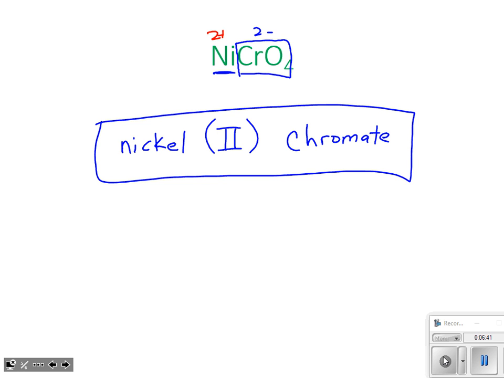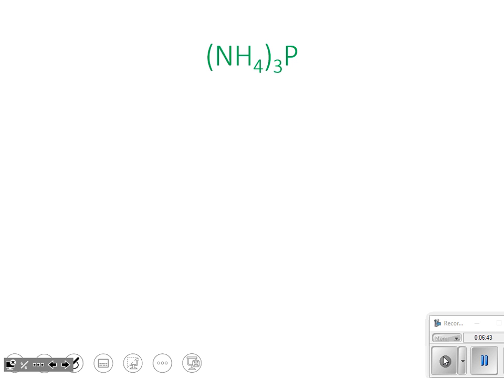My final one, ladies and gentlemen, (NH4)3P. As I look at this, I see this NH4. That's one I told you you have to just memorize and know that NH4 is the ammonium ion. With ammonium, I never use a Roman numeral, so I don't even have to worry about that.